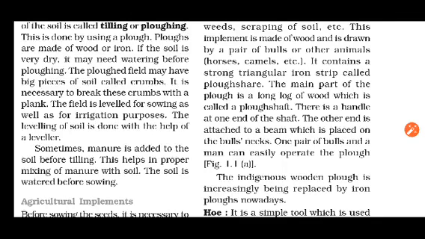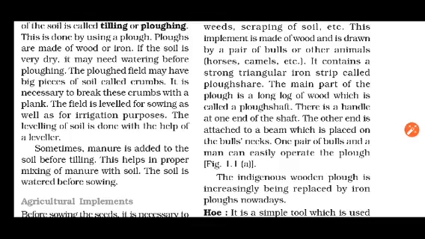Handle होता है, and the other end is attached to a beam which is placed on the bull's neck. One pair of bulls and a farmer can easily operate the plow. और केवल एक जोड़ी बैल और एक फार्मर ही इसको ऑपरेट कर सकता है.